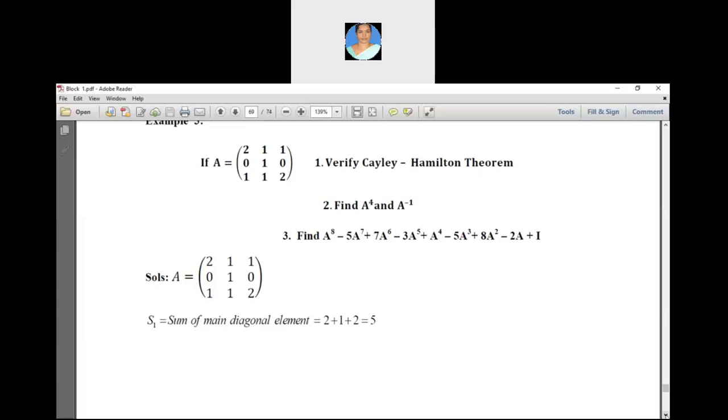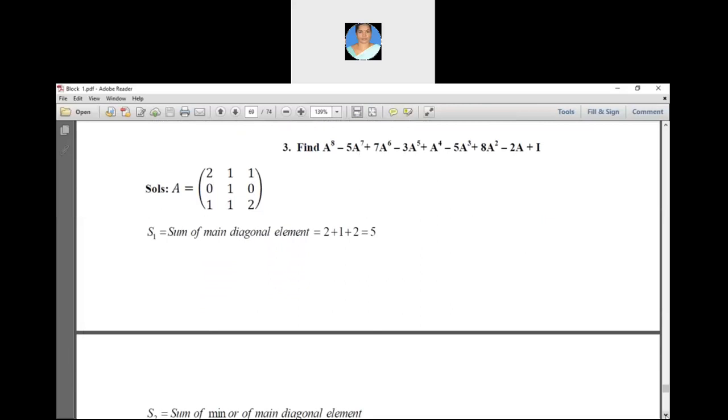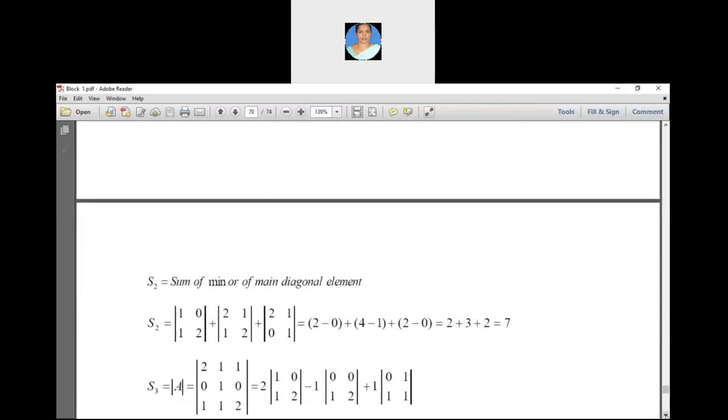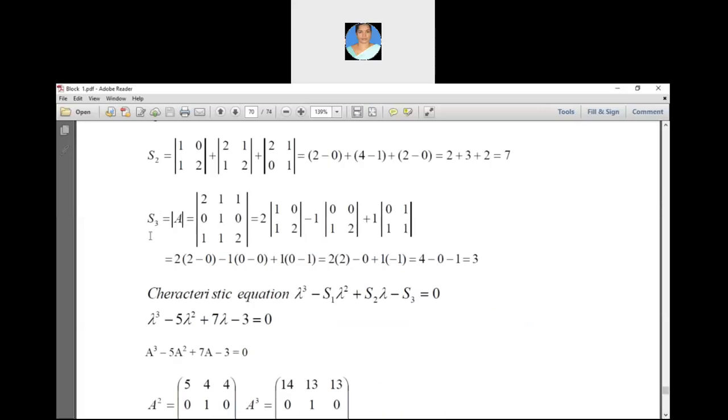Next is S2. You simplify the three 2 cross 2 matrices, and we get our result as 7. And S3 is the determinant of A. We get our result as plus 3.